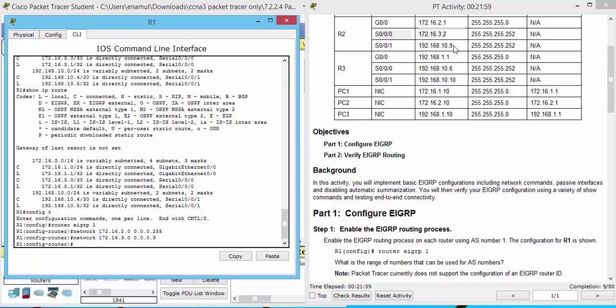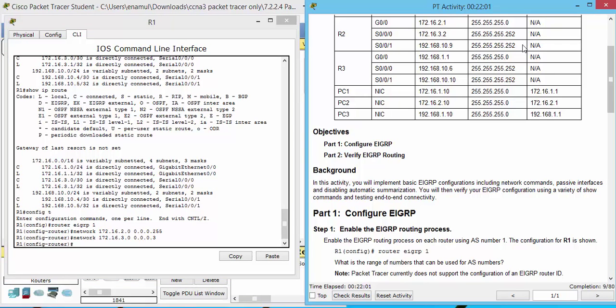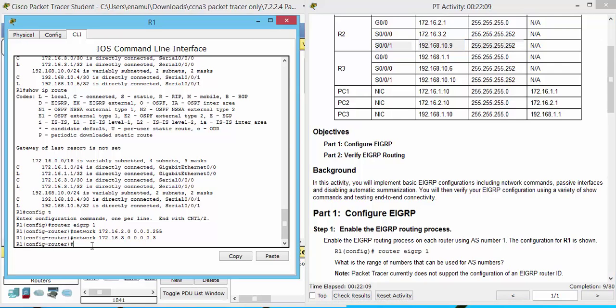Then the third interface is serial 1, with interface address 192.168.10.9.